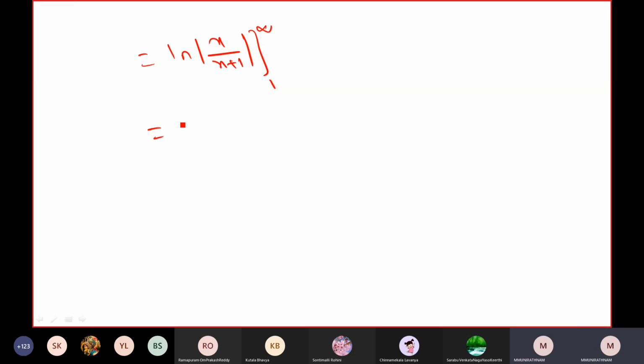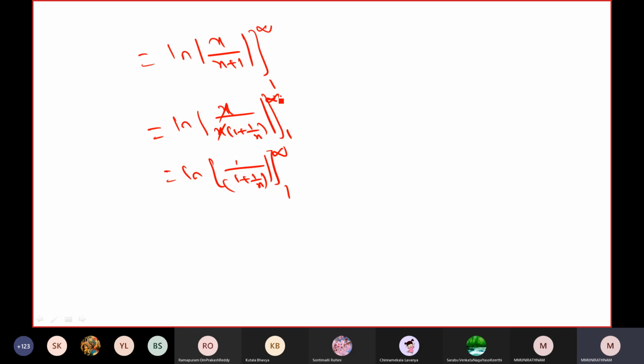In the case of infinity, you can write this by taking 1 by x common, ln of 1 by 1 plus 1 by x, from 1 to infinity. So for the upper limit, ln of 1 by 1 plus 0, minus ln of 1 by 1 plus 1.